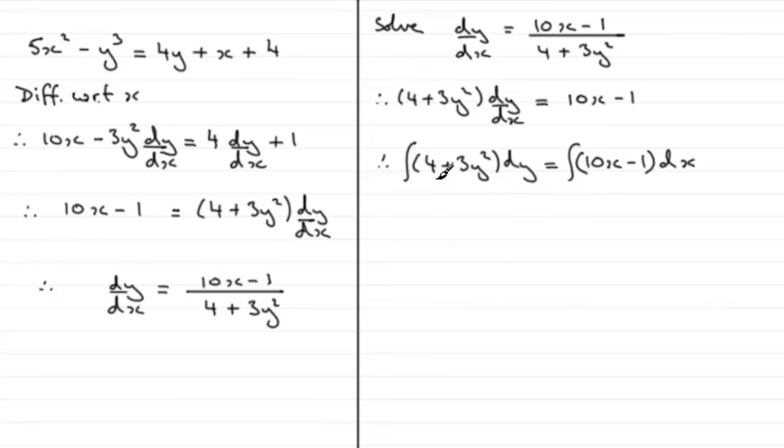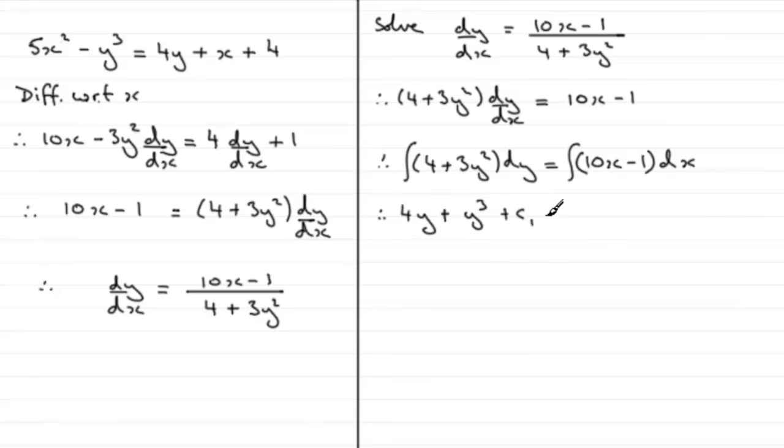Now all we need to do is integrate this side with respect to y, and if we integrate 4 with respect to y, we get 4y. Integrate 3y squared with respect to y, you get 3y cubed over 3, which is really just y cubed, and you're going to have a constant of integration. Let's call it plus, say, C1.